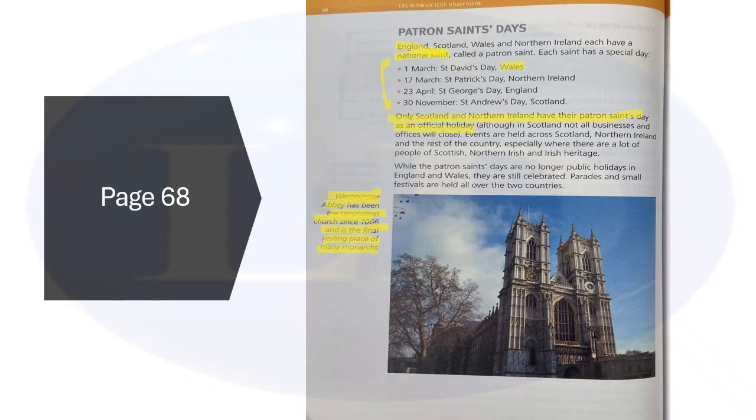It's a church where, when the king or the queen is crowned after a religious ceremony, they are crowned here, so that is called the coronation church. Since 1066, I think 9 monarchs are buried outside this church.